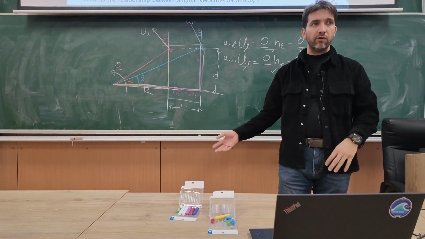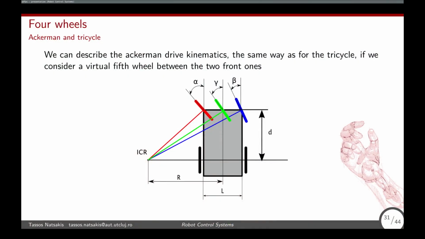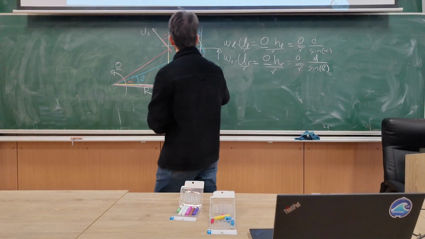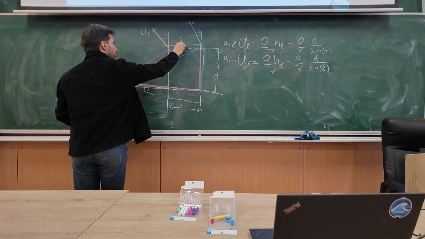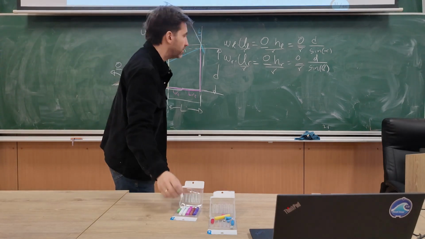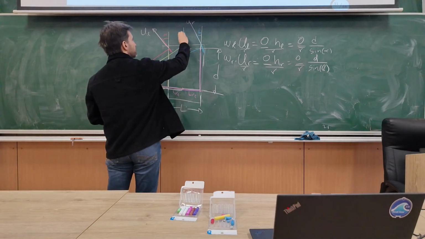How do I calculate forward inverse kinematics? We basically consider a virtual third wheel in the middle, which should also respect these geometric constraints. So I put another wheel here, making sure that it's still oriented in a way so that it intersects this horizontal line at the same location.